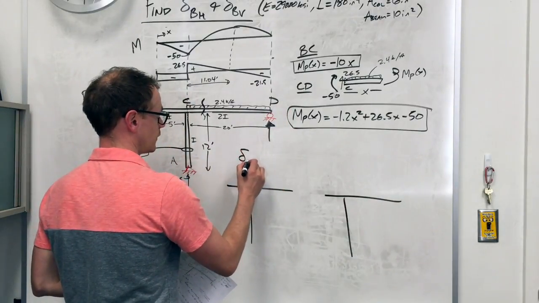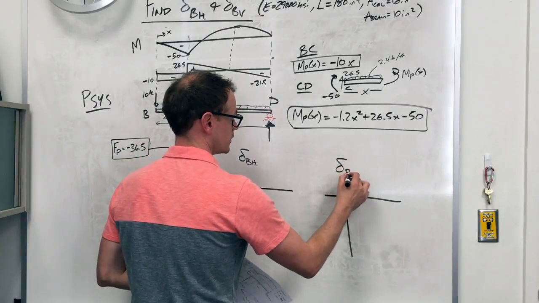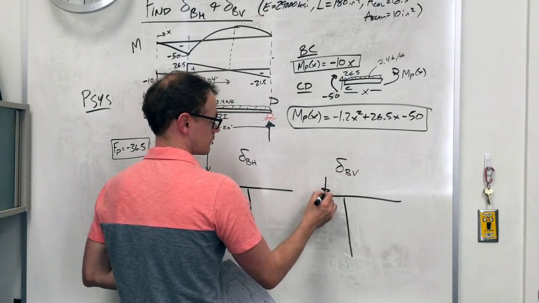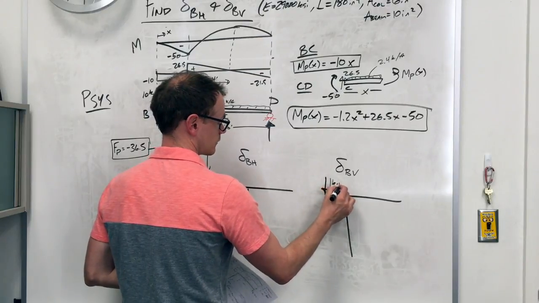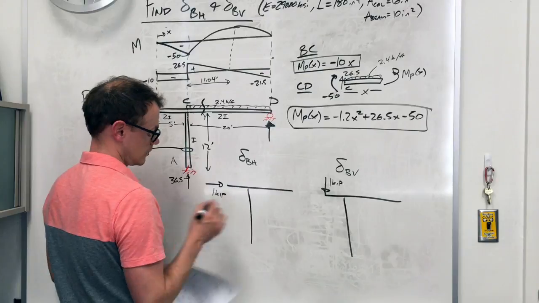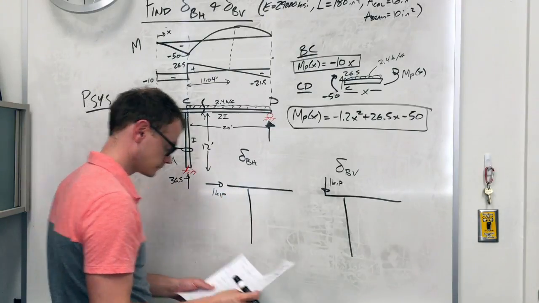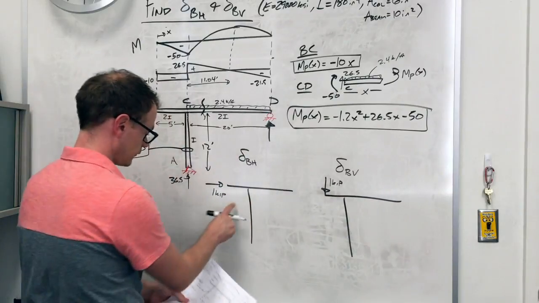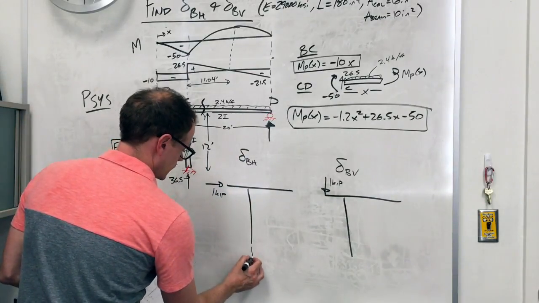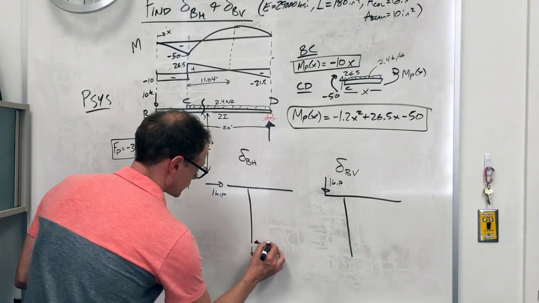This is for delta B horizontal. This is for delta B vertical. So I have one kip there. I have one kip like this. Right, so let's do the horizontal first. Again, I'm going to make you do the basic statics.